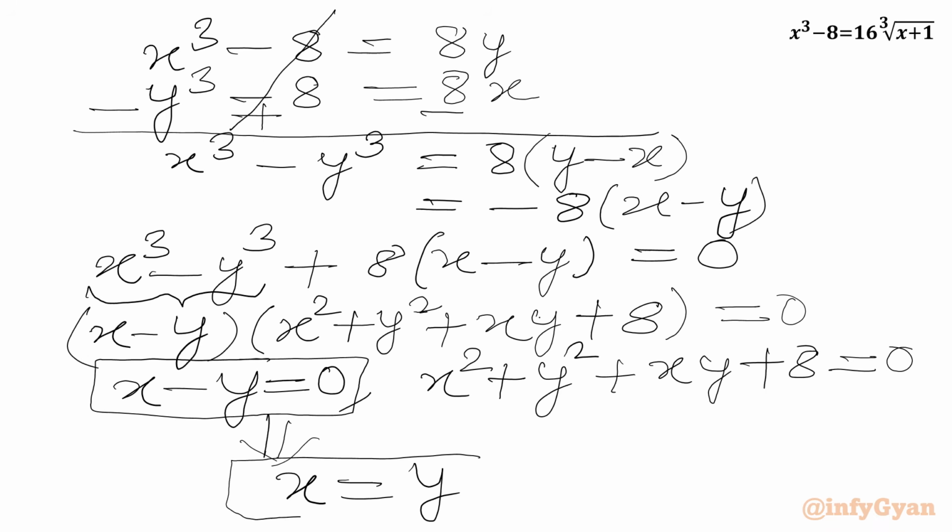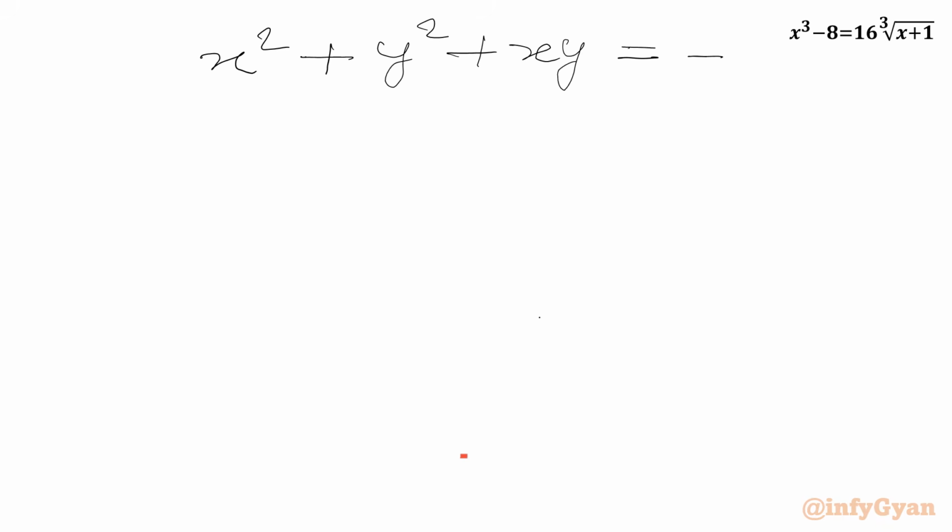Now we have to solve our second equation: x square plus y square plus xy plus 8 equal to 0. Now I will subtract 8 from both the sides. So we can write x square plus y square plus xy equal to negative 8.